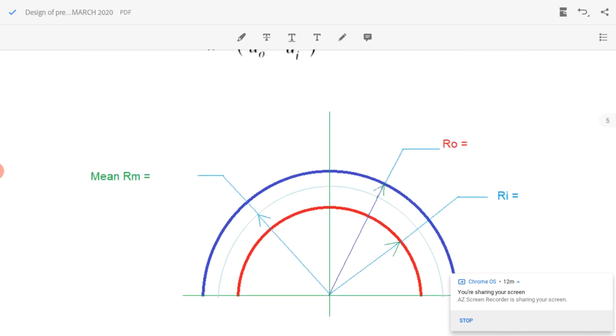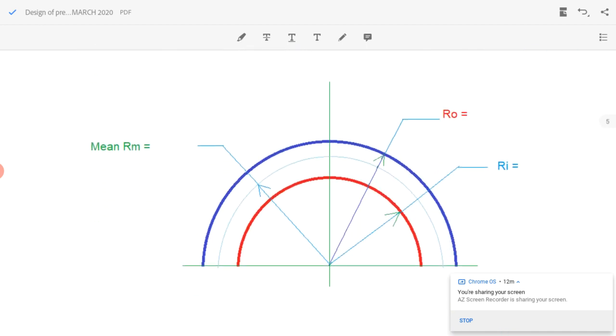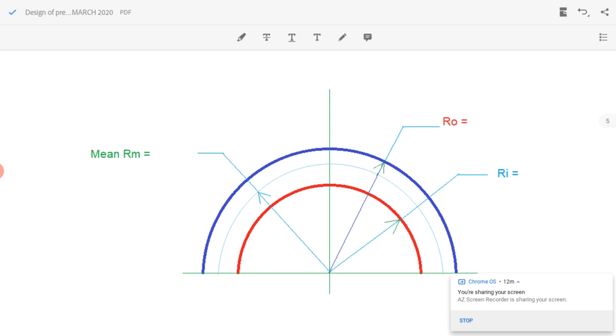We will see how it will look. So this is our section of the thick cylinder. In this question, inner dia is given equal to 200 mm, so inner radius Ri equal to 100 mm.